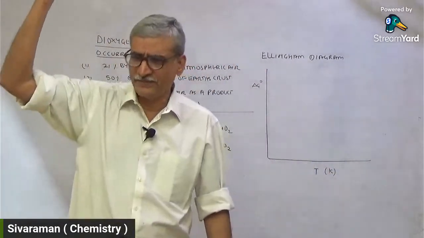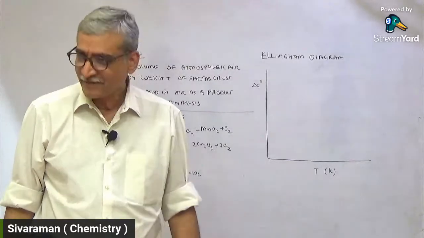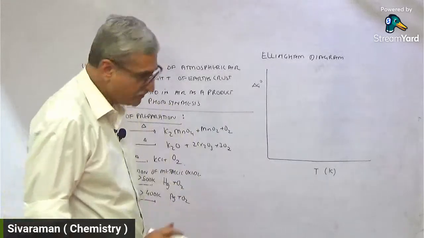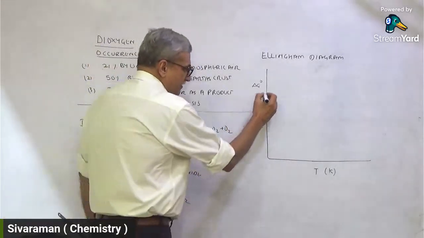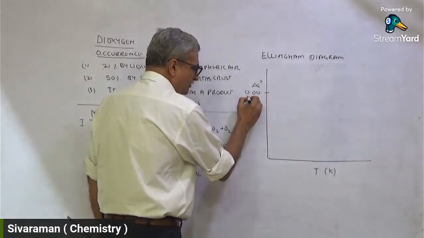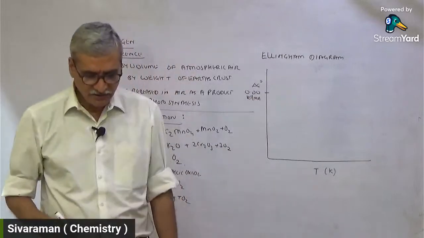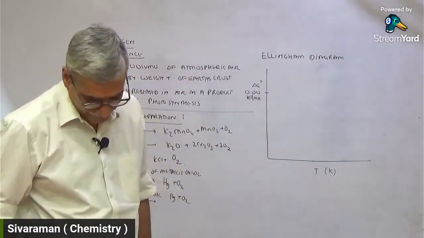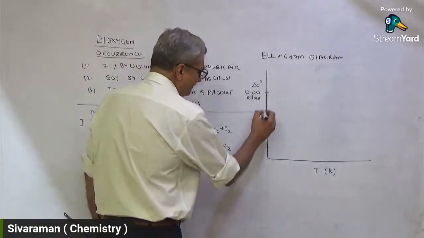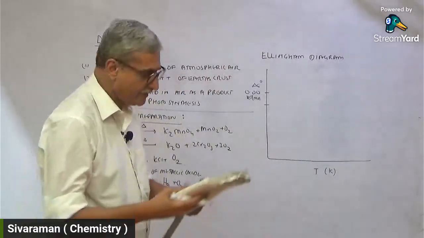Old books will show temperature in degrees centigrade. Doesn't matter. At 273, the story is the same. It is clear. So what he realized is, this was 0.0 kilojoule per mole. Free energy change unit was kilojoule per mole. So here you had, I'll just write down the values so that I don't make a mistake.